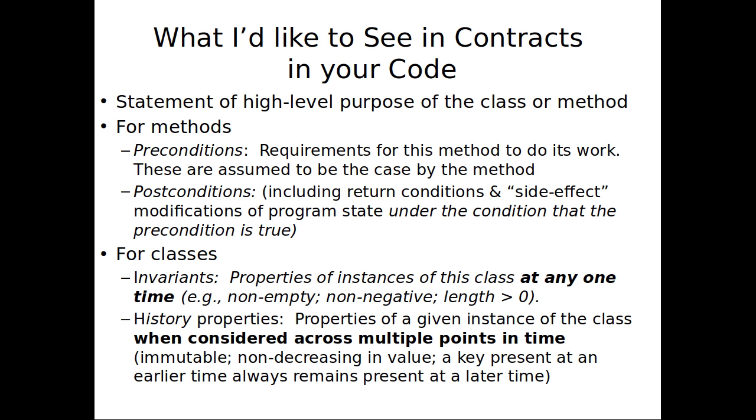The quantities of the values stored in this data structure may all be non-negative. Or the current value stored within this data structure may always have length greater than 0. So at any given time, these invariants should be true of an instance of that class. At any one time we could check that.